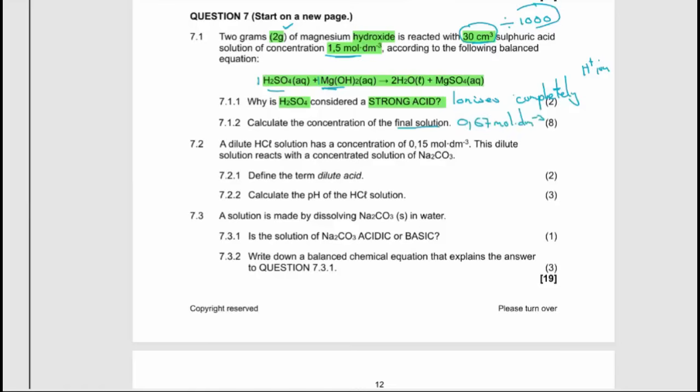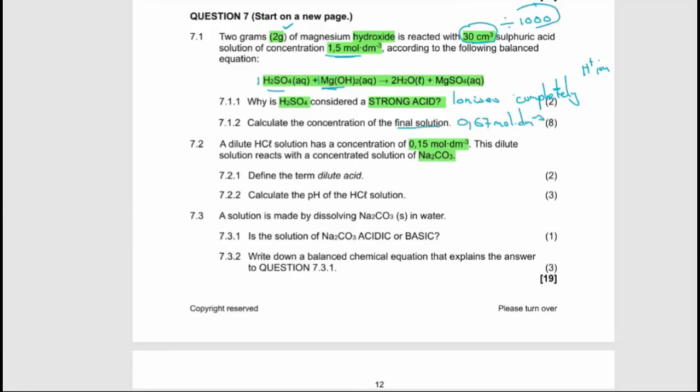Okay, then we proceed to 7.2. So 7.2 says a dilute HCl solution has a concentration of this, so we're given that, and then the dilute solution reacted with the concentrated solution of sodium carbonate, and define the term dilute acid, right?